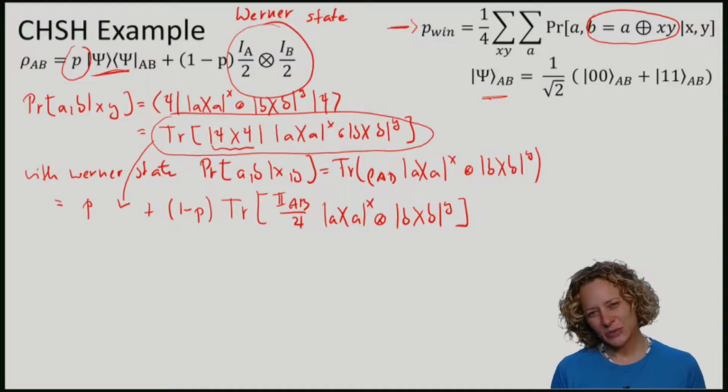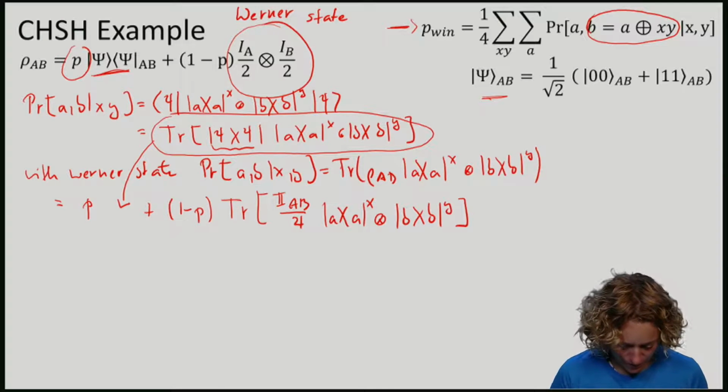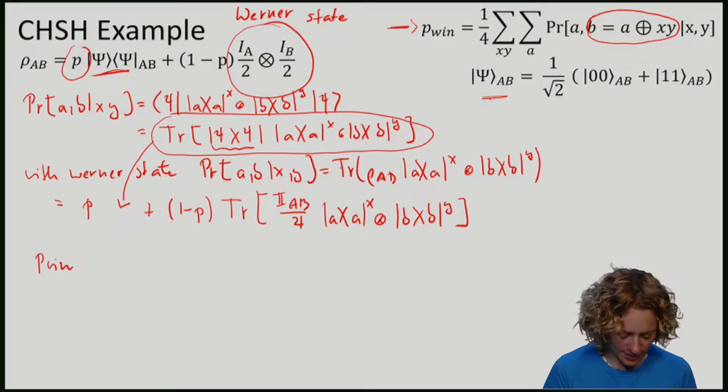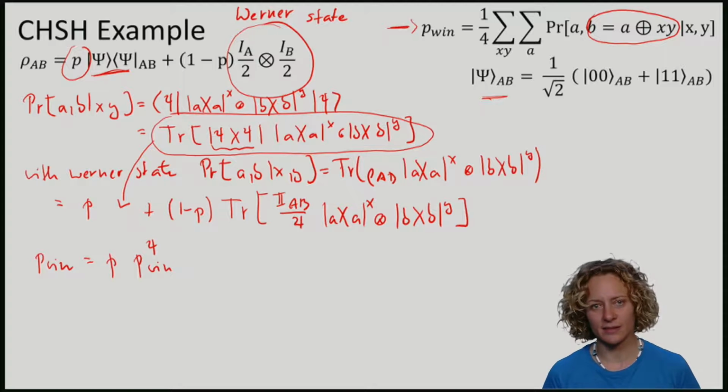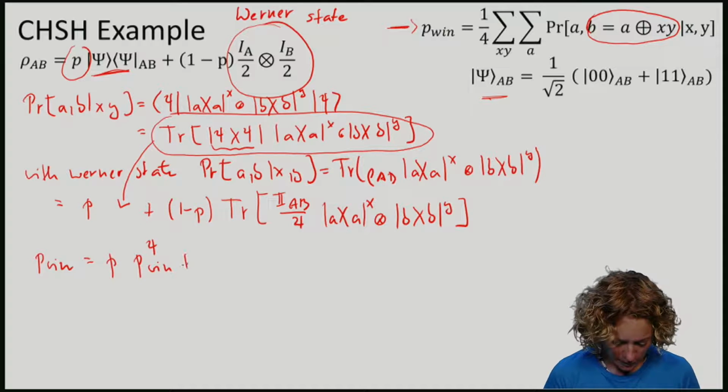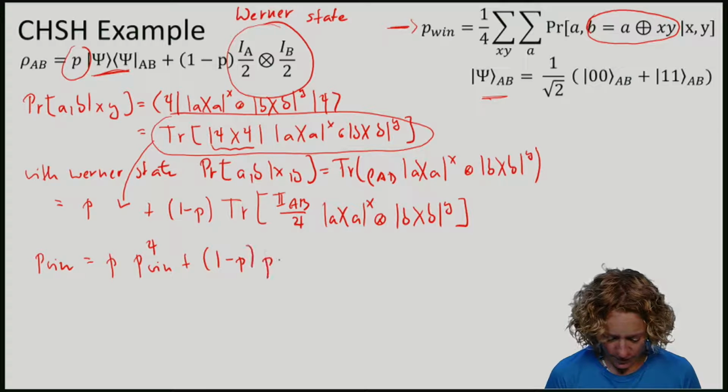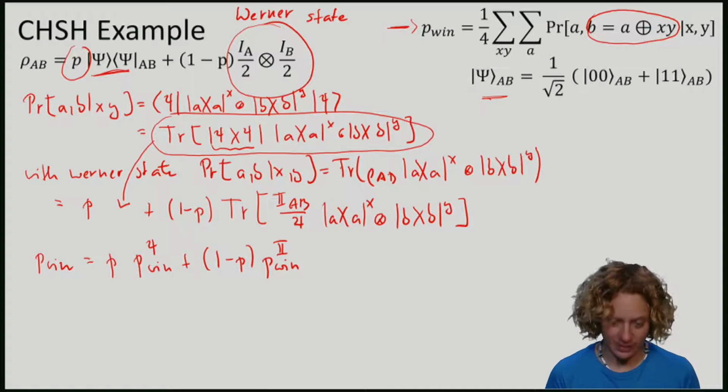So if I think about what is the probability to win the game using the Werner state, it's easy to see that this is also equal to P times the probability of winning the game with the maximally entangled state, plus 1 minus P times the probability to win the game using the maximally mixed state.